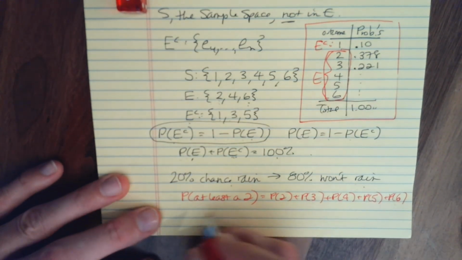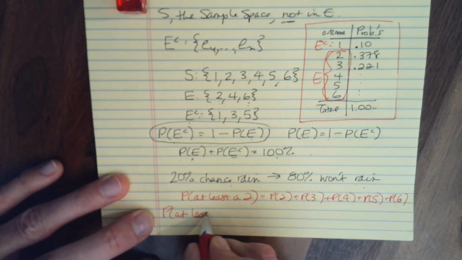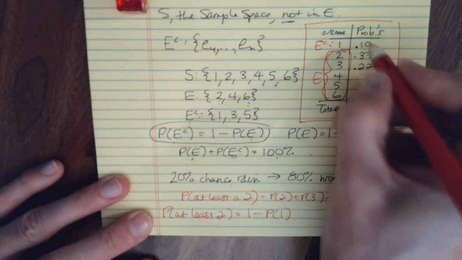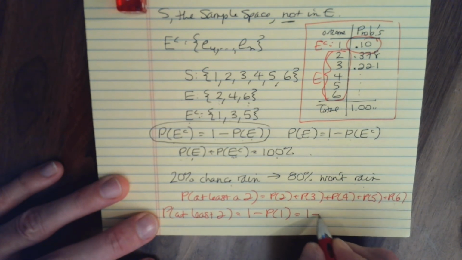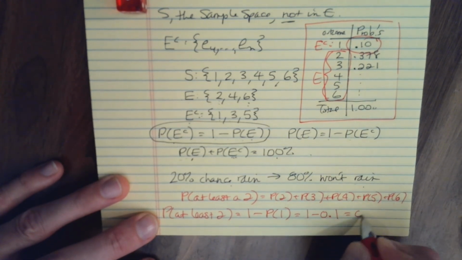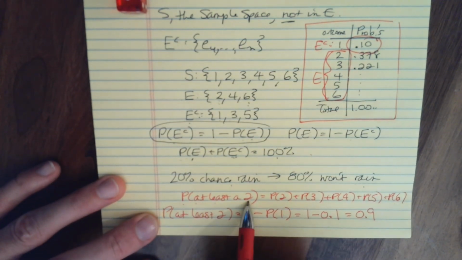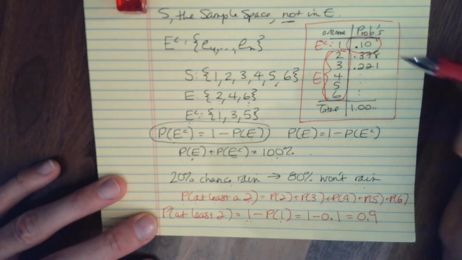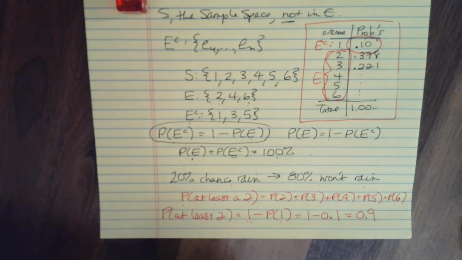So the probability of at least 2 is 1 minus the probability that I would get a 1. I know that has a probability of 0.10, so I can just say 1 minus 0.1, which is 0.9. So there's a 90% chance that I would get at least a 2. Oftentimes it's easier to subtract a probability from 1 rather than to add up probabilities using the addition rule. That's a brief explanation of complements and the complement rule.